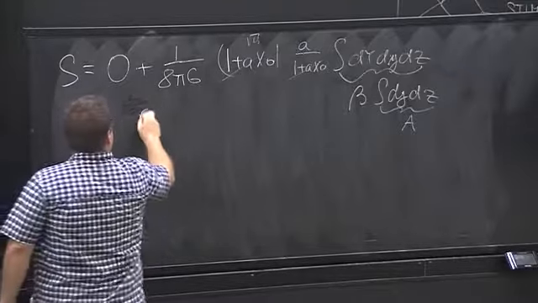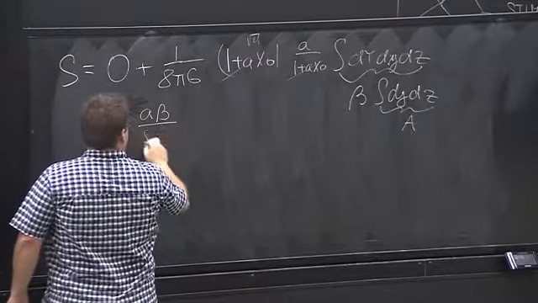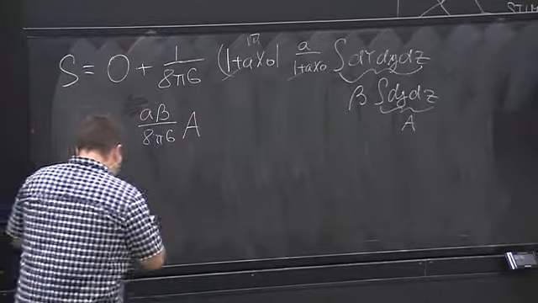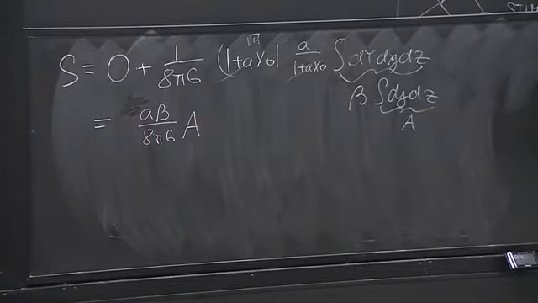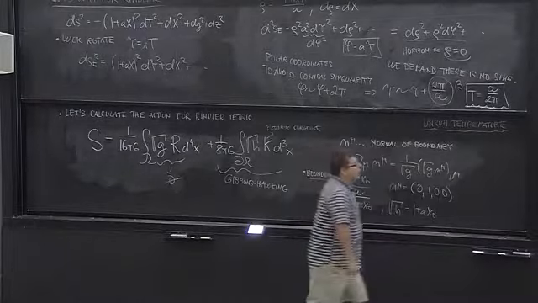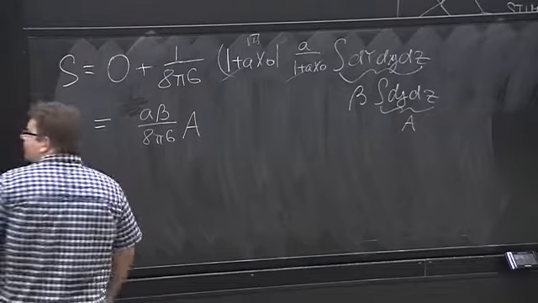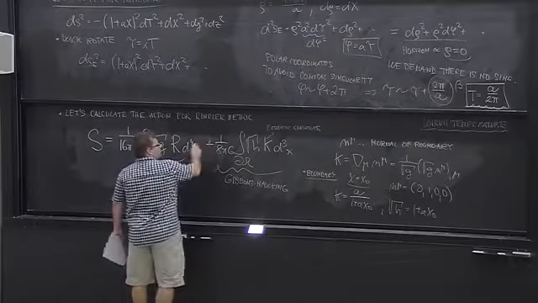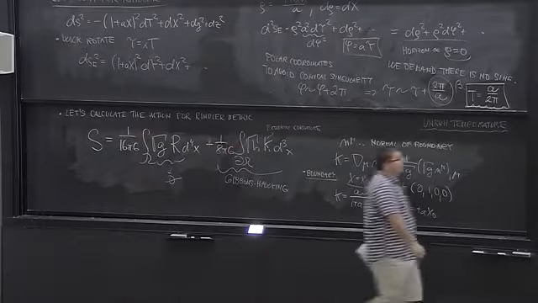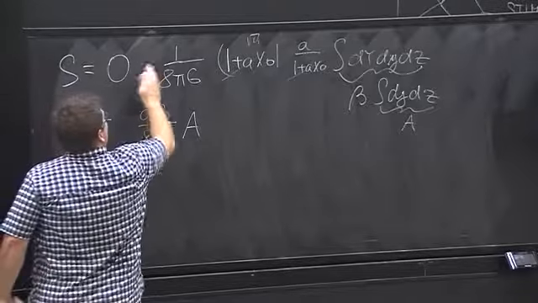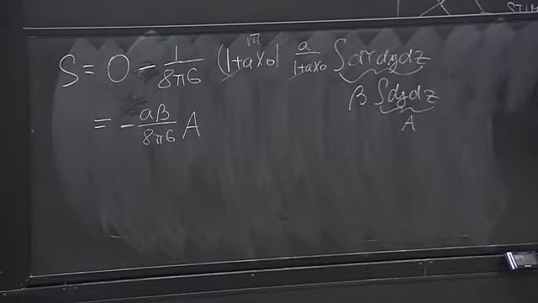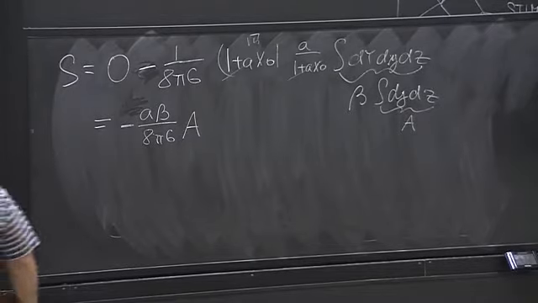So it's a beta divided by 8 pi g times the area. Probably there is a minus sign here, sorry for this, because I needed a minus sign. So let's put a minus sign here. All right, so this is my S.